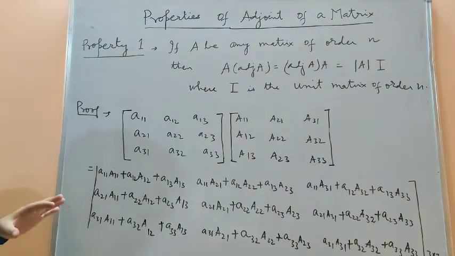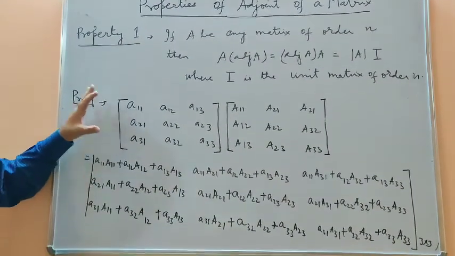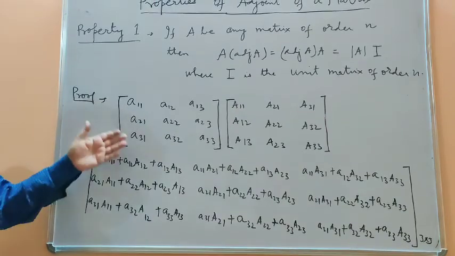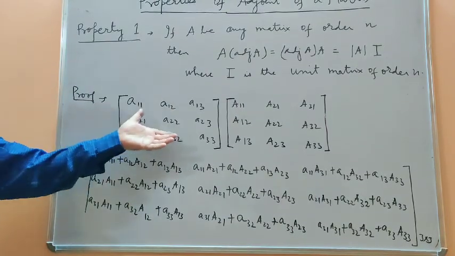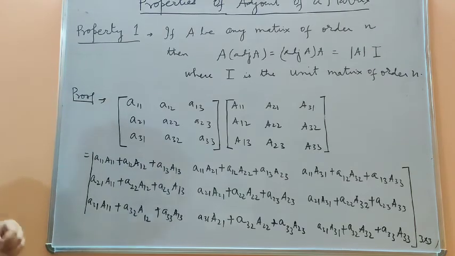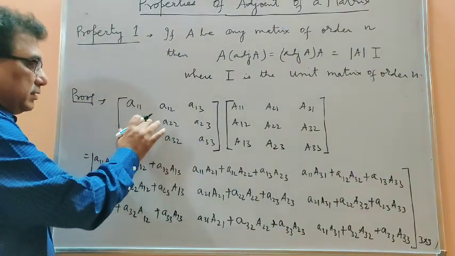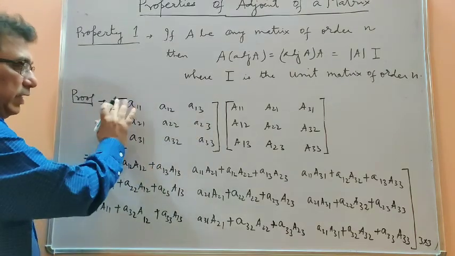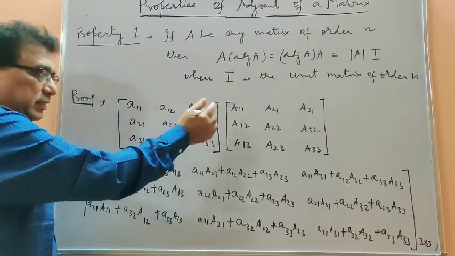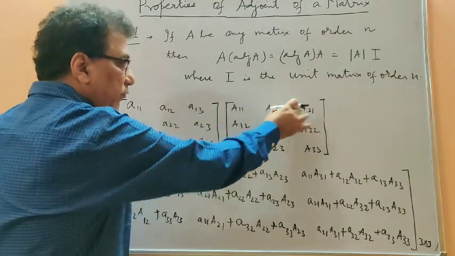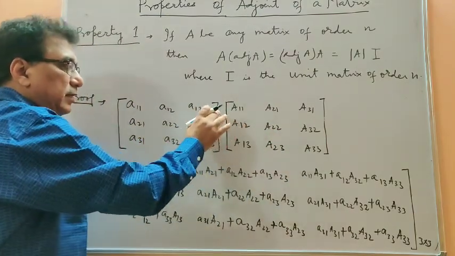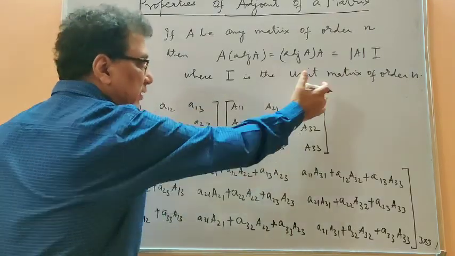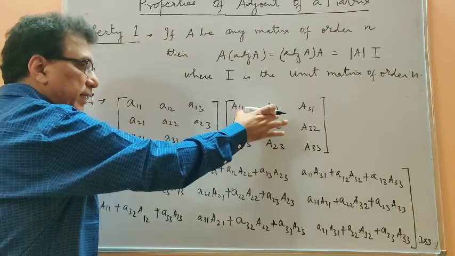Now to prove this result, I have taken a matrix of order 3. Let us see how we can get this result with this type of matrix. Suppose this is the matrix, we can name it as A, and the cofactors are written inside. If I replace each element by its cofactor and take the transpose, then this is called adjoint.